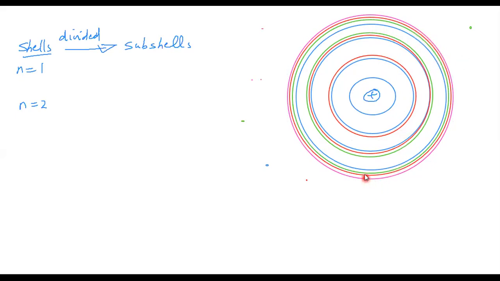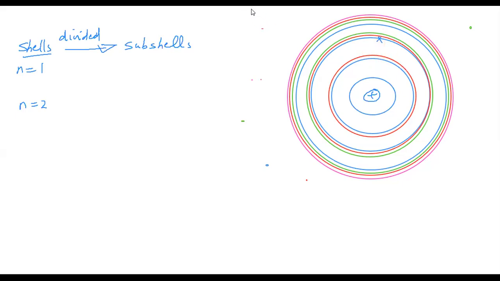Now, if I have an electron that is present, for example, here, and I want to describe its position, I say that this electron is present in the third shell in the first subshell.